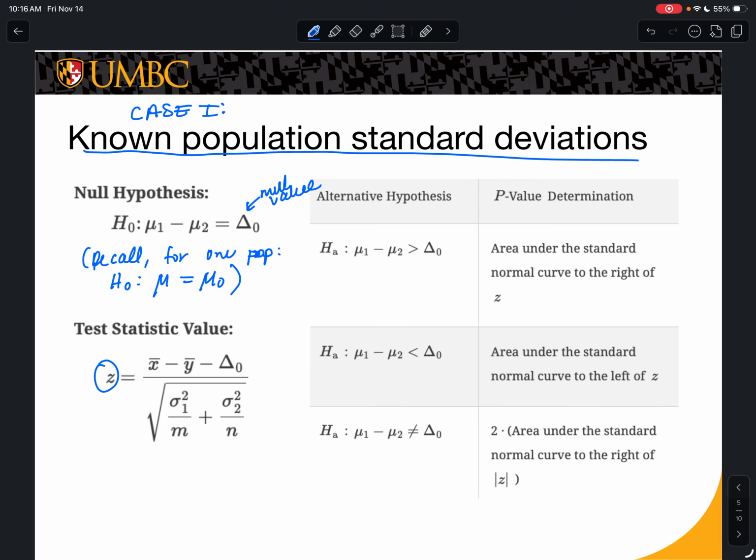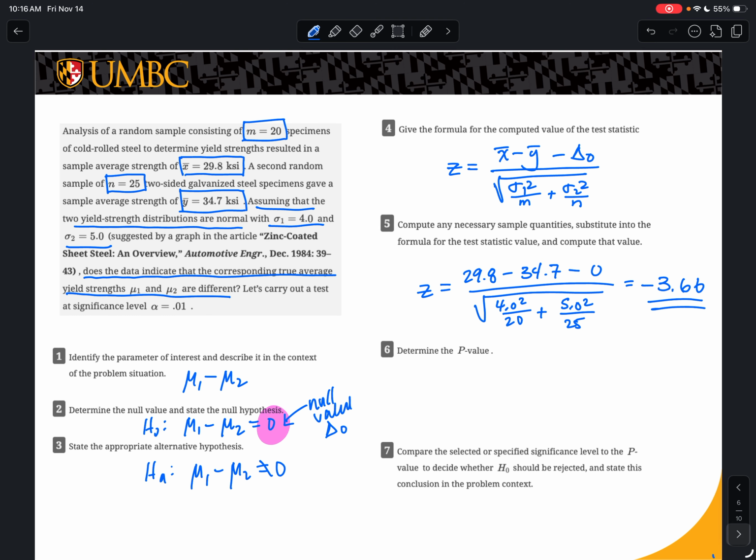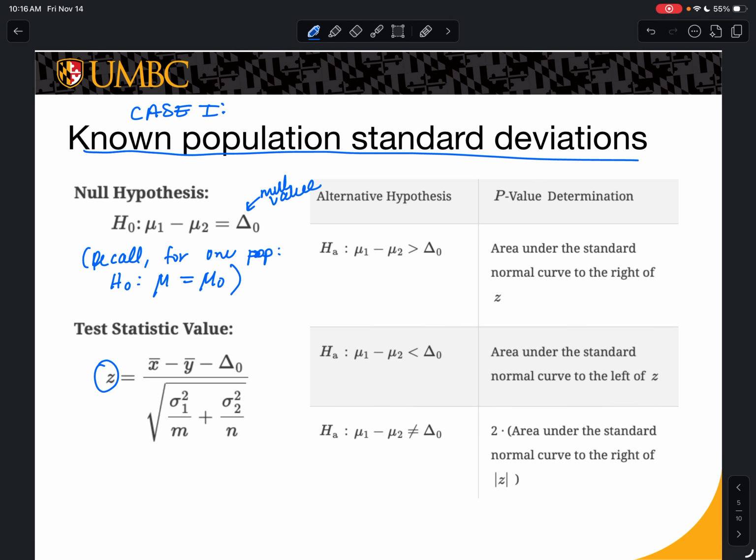You can go back to the table here, and you can see, okay, my null hypothesis had a does not equal 2 in it, so I'm going to use this. 2 times the area under the standard normal to the right of the absolute value of Z. So you can absolutely use this, and if you are kind of uncomfortable on the intuition of what we're doing here, when I talk about testing for how extreme our test statistic is, you can just use this, okay? That's all you have to do, is literally do this calculation. So I'll do that with you guys right now.